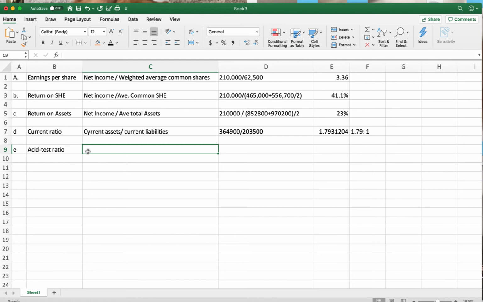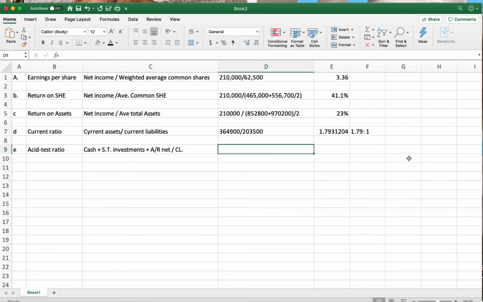In order to do that, I need to take my cash plus my short-term investments plus AR net, and I divide that by my current liabilities, and I'm going to abbreviate and say CL. Okay?